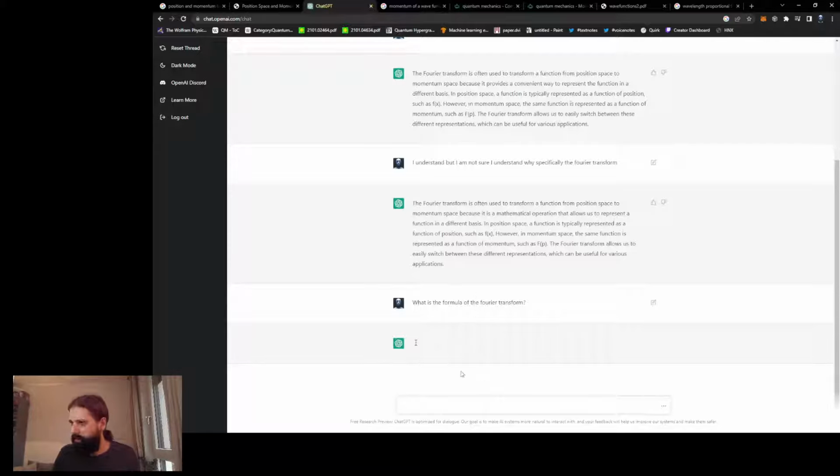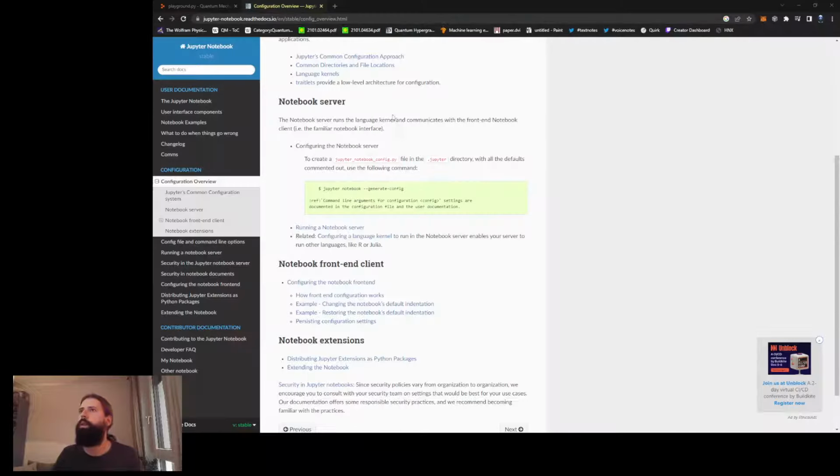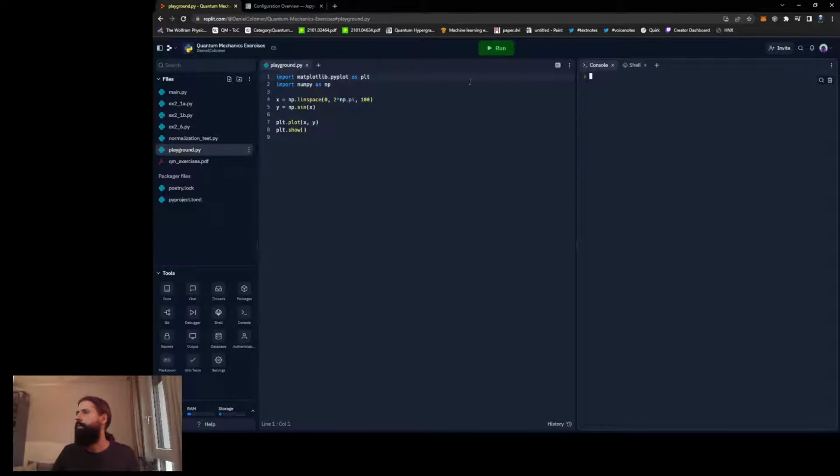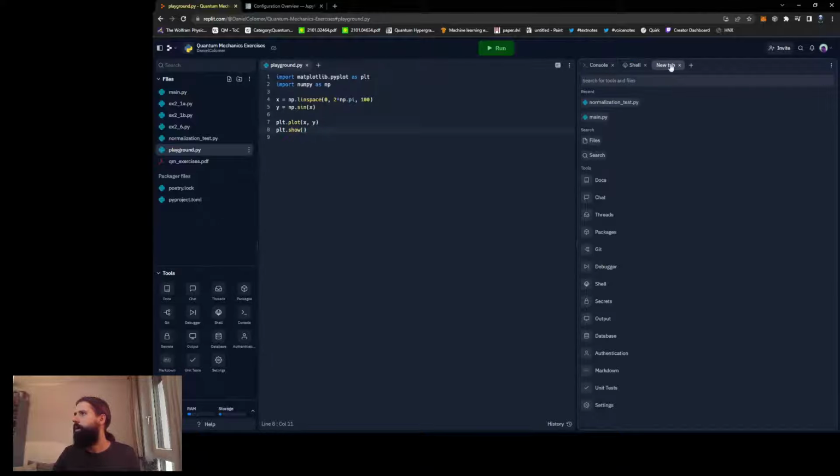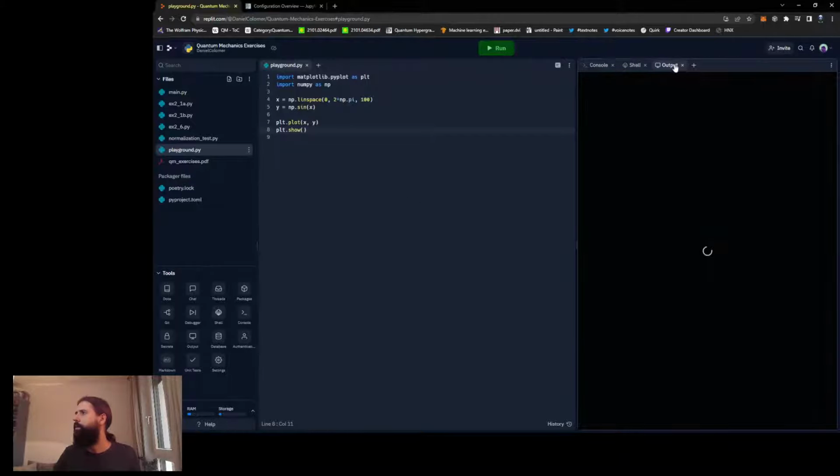It's thinking. I'm gonna break the chat block. Why is it not showing? Plot x y. I thought that would. Should I have the output here?